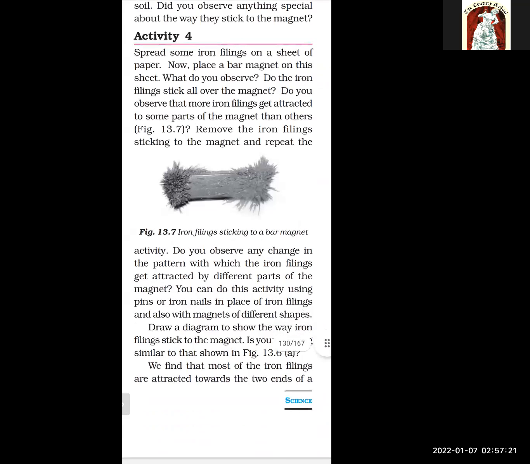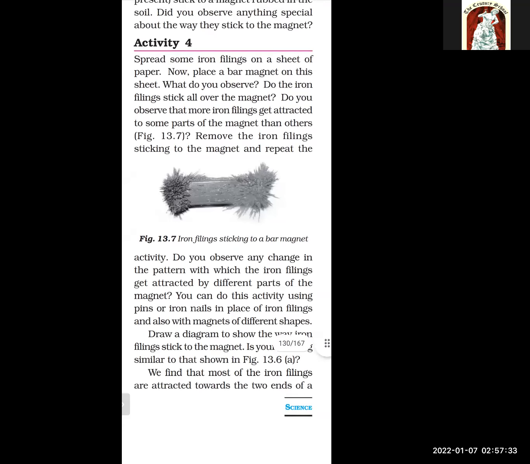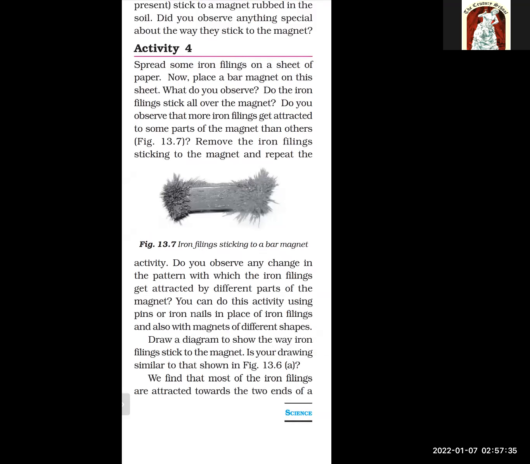You can do this activity using pins or iron nails in place of iron filings, and also with magnets of different shapes. So firstly, we will take a bar magnet and put this magnet into the soil, and then it attracts iron pieces. We will do Activity 4 with the help of a sheet of paper.